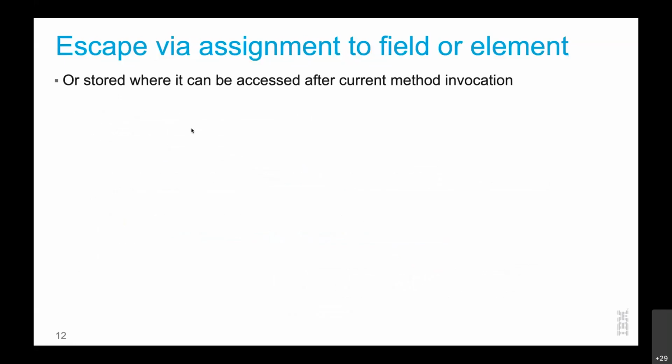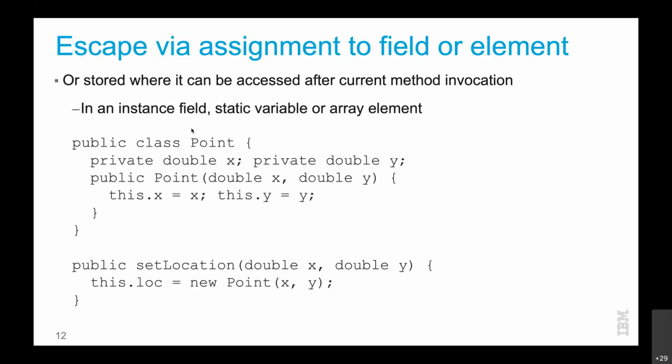Another case, probably fairly obvious now once you've seen that example, where escapes might occur is in the context of assignments to fields or elements. So if an object is stored someplace where it can be accessed after the current method invocation, such as, I said, in an instance field, a static variable, or array element, then that's considered to be an escape. So for instance, I've got this point class which describes a point on an XY coordinate system.